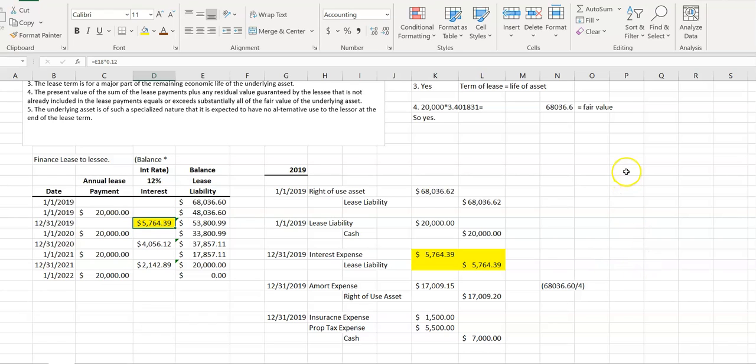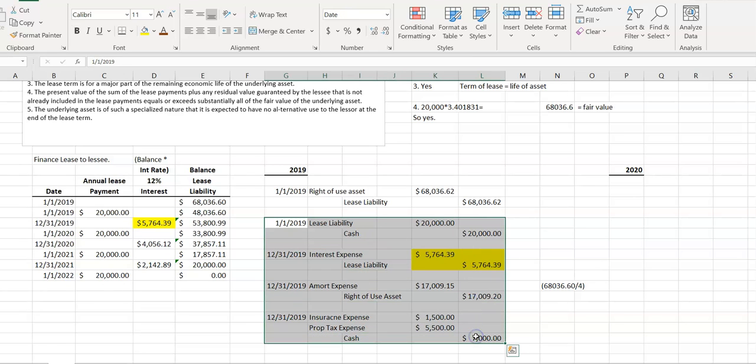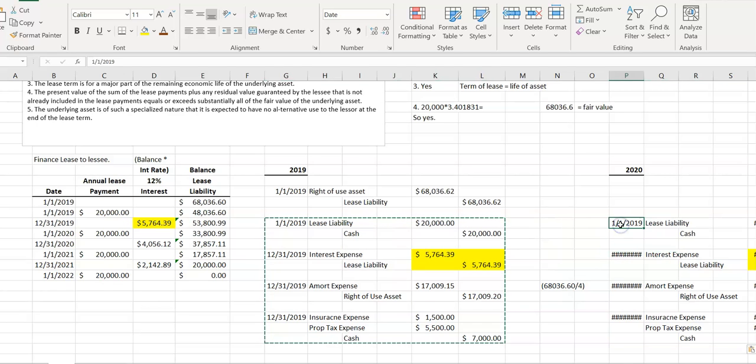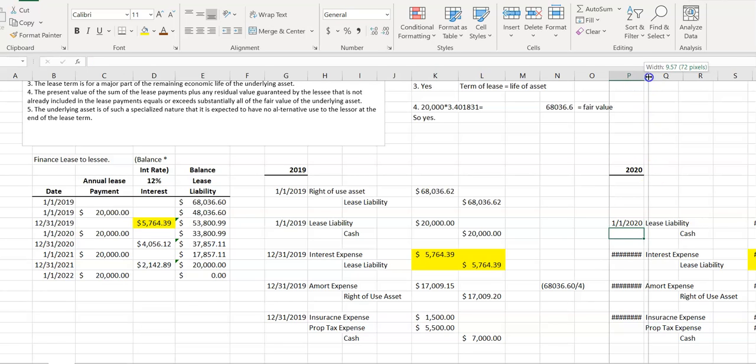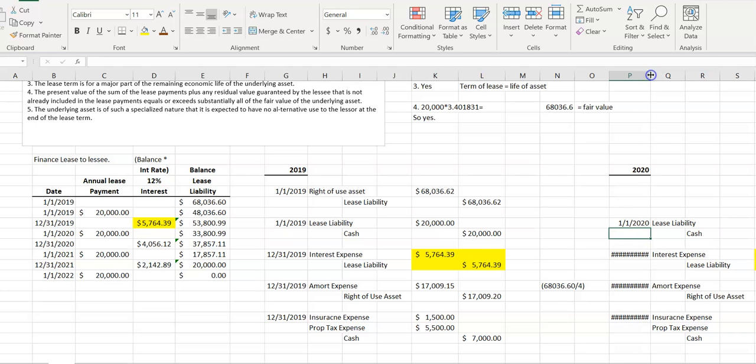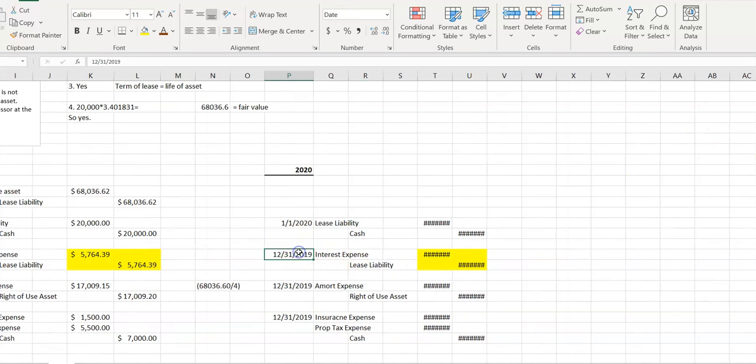All right, then for 2020, I'm going to do the same thing. Just these. I don't do the first one. This is where I initially entered the lease. But I'm going to have all these same basic entries. So actually, I'm just going to copy them because they're all basically the same. All right, I'm going to have 1/1/2020. 12/31/2020.